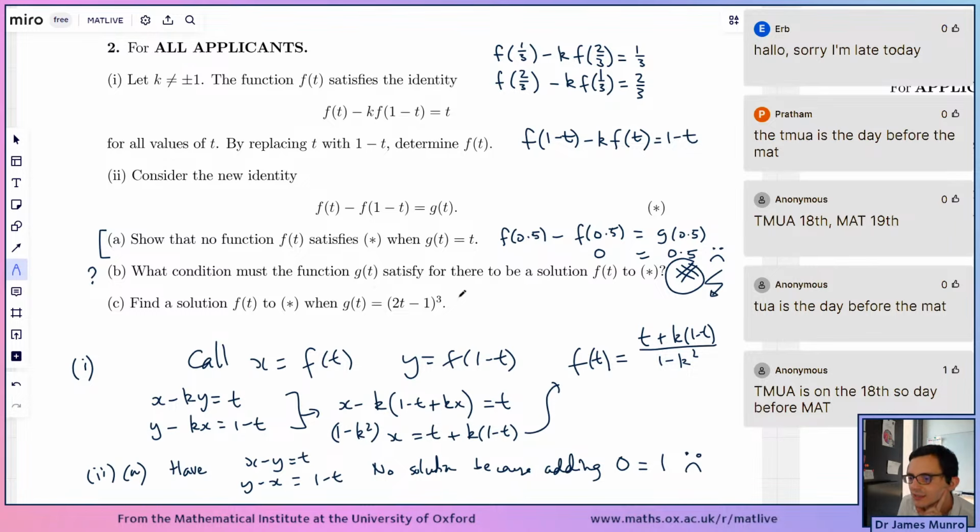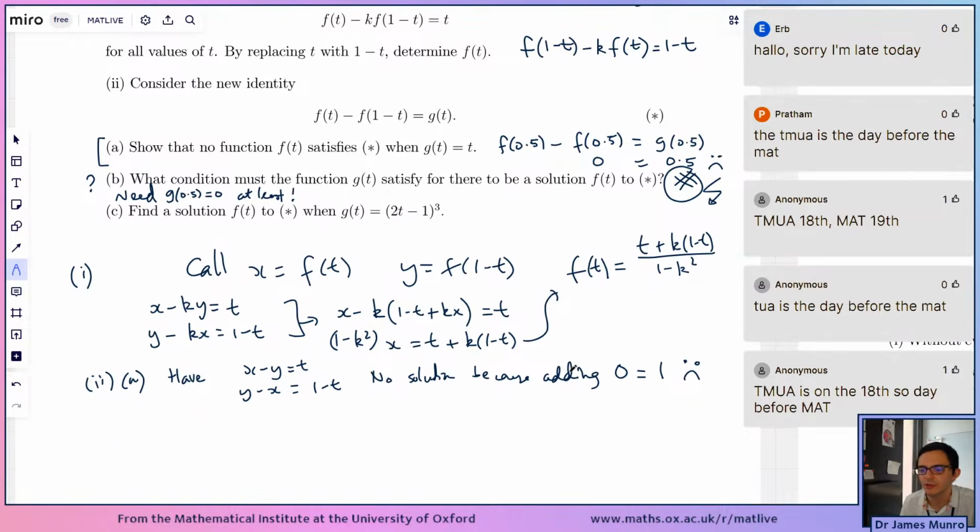It looks like we need g of 0.5 to be 0 at least. I think we probably need more than that. So this was someone in chat's clever plan to just look at 0.5. I think we probably need more than that, and we should maybe try and work out how to solve this thing. Let's have a go.